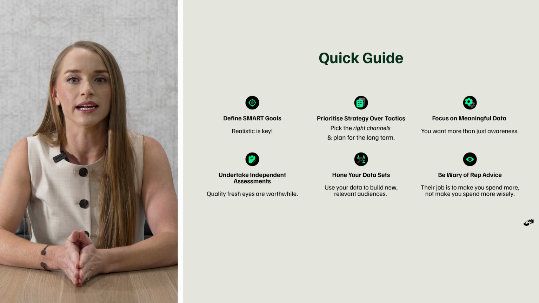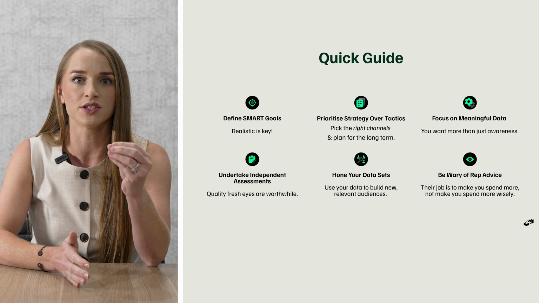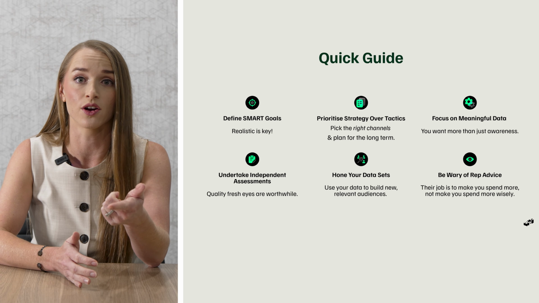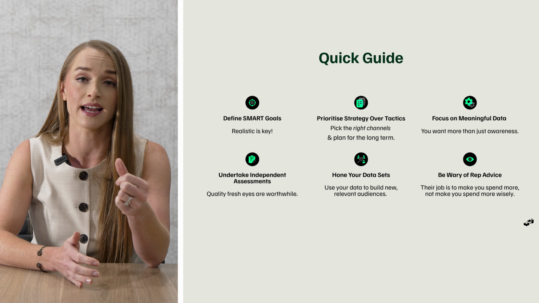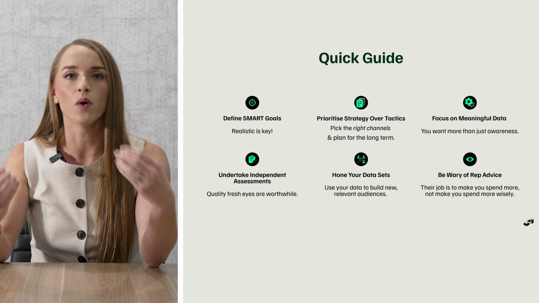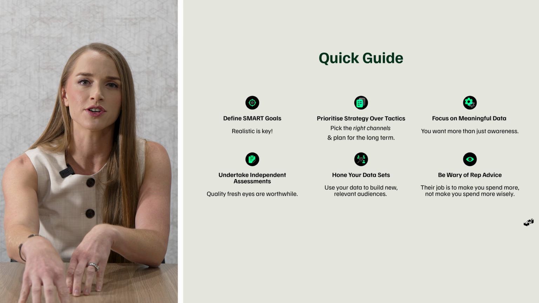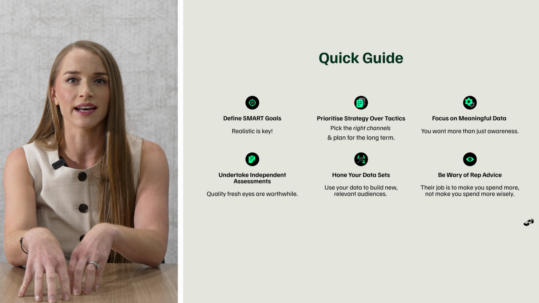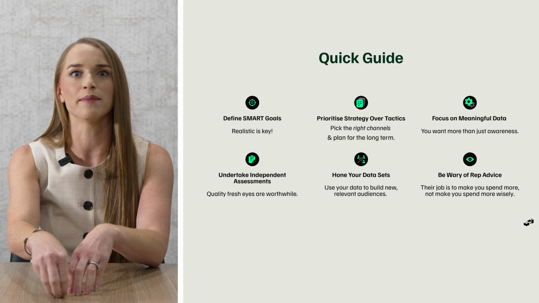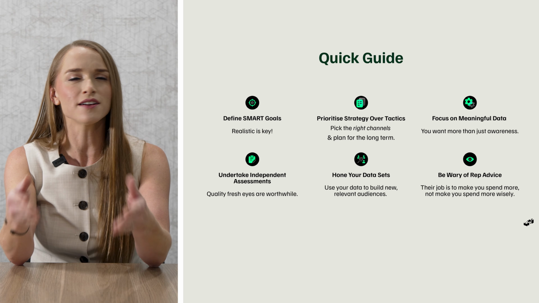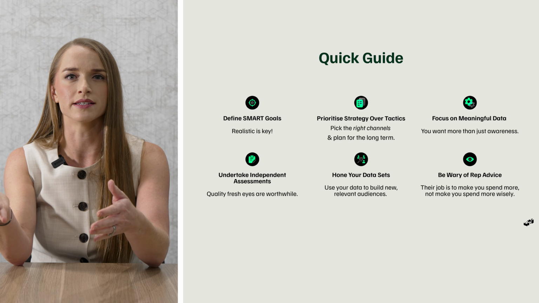You need to be very clear around what data we need to satisfy your goal. So is it leads that you're actually trying to get, more than just reputation, eyeballs on your socials, follower increase? What is it that you really want? But then also understand the data that's going to help you measure that. So if you're doing a Google campaign and you're only looking at how many clicks you got, that's not meaningful data if what you really want is conversions.